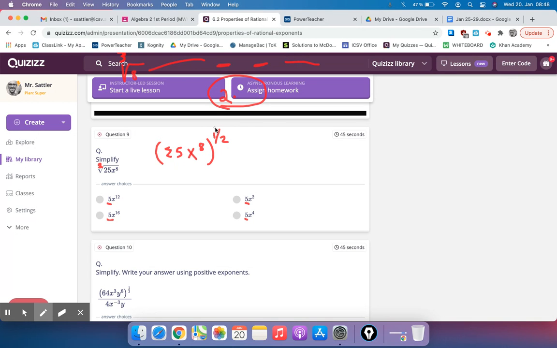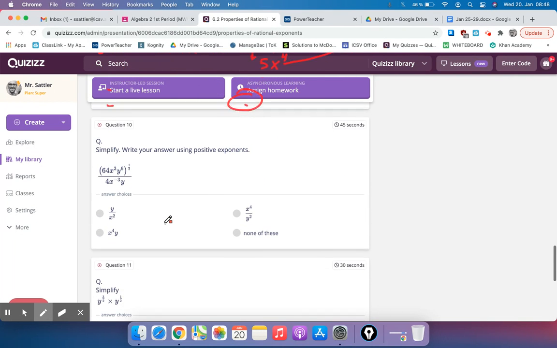So then when we distribute this exponent, we multiply that part, and we get x to the 8/2, which is x to the 4th, right? 8 divided by 2 is 4. And so then the 25 to the 1/2, that's just the same thing as the square root of 25. So that part's 5. This part is x to the 4th. We put it together and multiply 5x to the 4th.